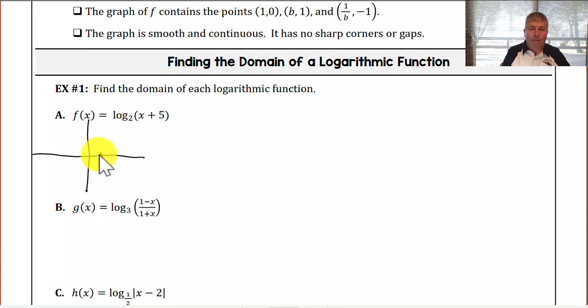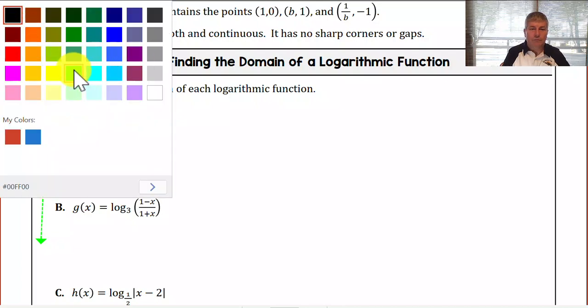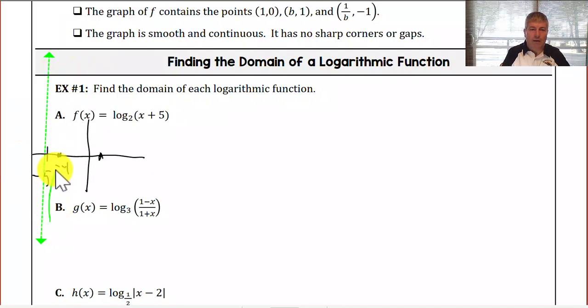So our vertical asymptote is going to come out here to negative 5, instead of being at 0, and this point here, our 1, 0, is going to shift to negative 4. And our graph is going to look something like that.